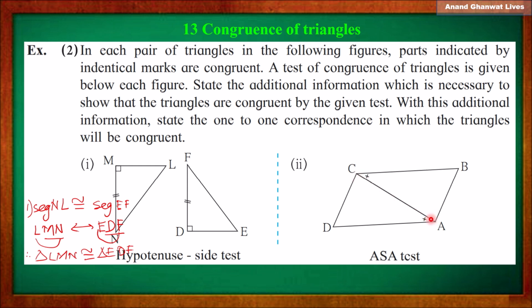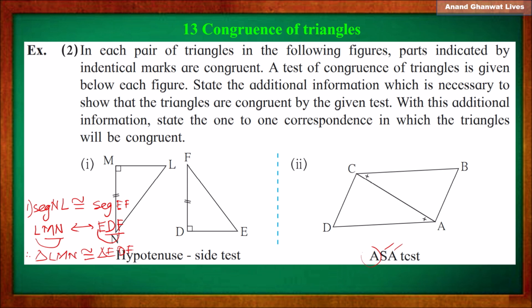Side AC is congruent with side AC. Angle ACB is congruent with angle CAD. So an angle is given, a side is given, but another angle is not given here.